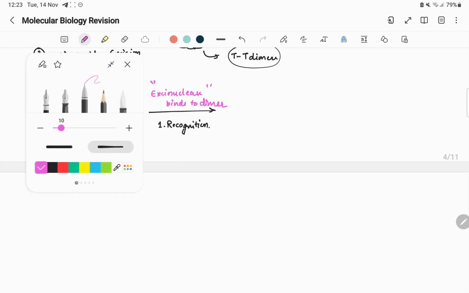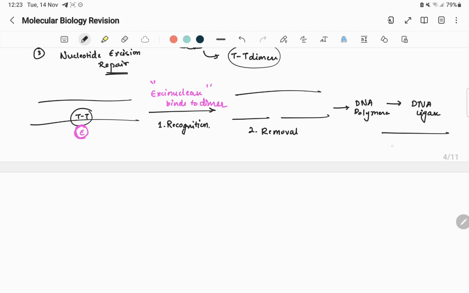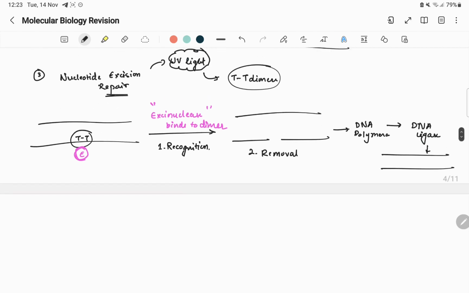So the second step is the removal of the segment. Then afterwards DNA polymerase acts upon it, and afterwards DNA ligase acts, and DNA ligase will seal the DNA again. So this is called nucleotide excision repair.